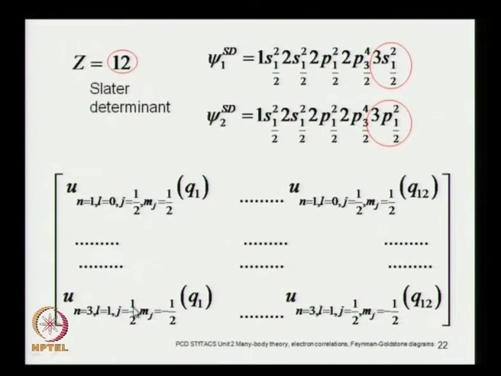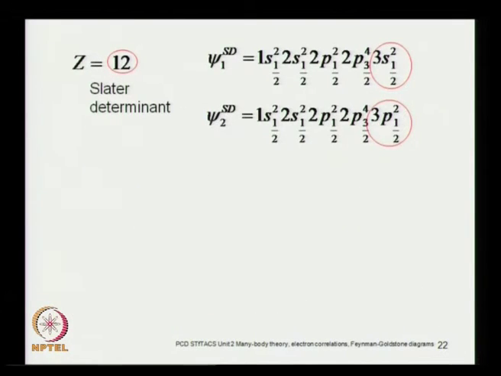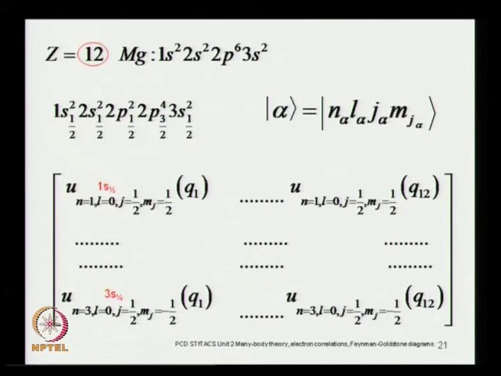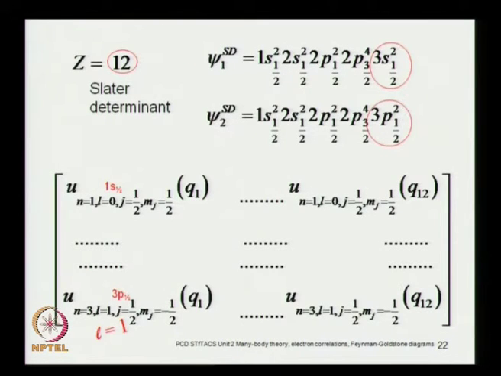In the previous one you had the 3s. So the 12th row was occupied by the 3s quantum numbers, but now the 12th row is occupied by 3p 1/2. You have 12 rows and 12 columns, but which 12 rows is different in different Slater determinants.